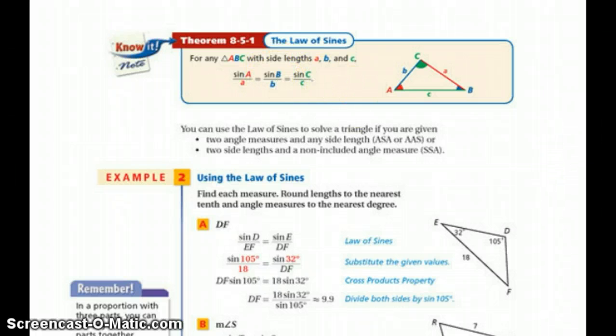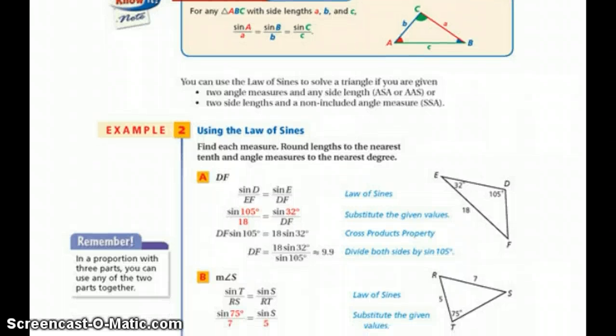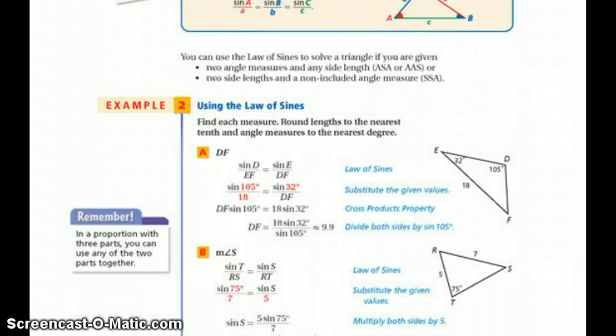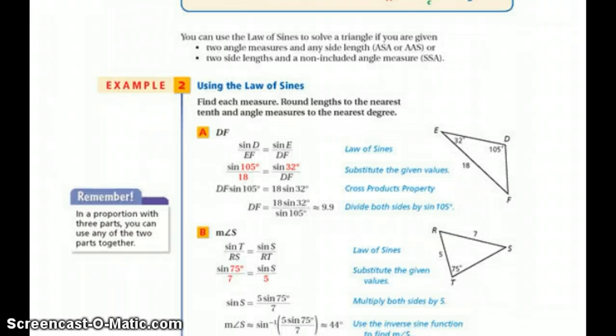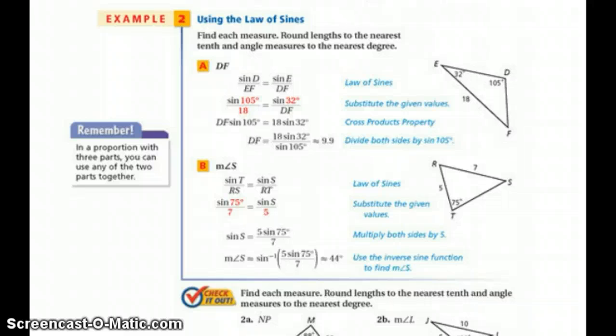And this allows us to find or solve triangles if we know a couple of things, either a couple of angles and a side opposite, or a couple of sides and the angle opposite to one of those sides. You can see here in this example, setting up the law of sines, I can pretty much fill in everything. Sine 105 divided by 18 is equal to sine of 32 divided by this side DF.